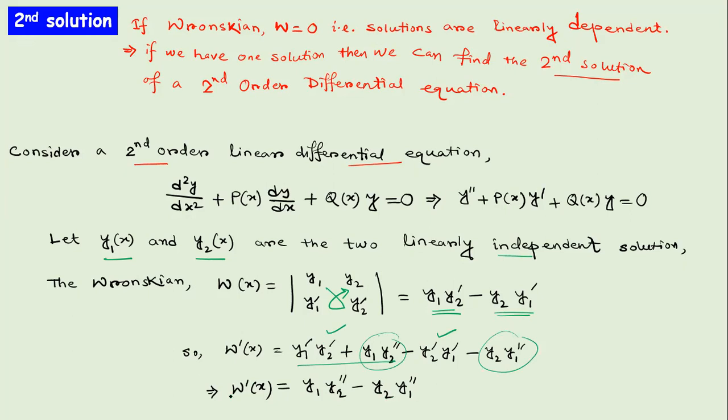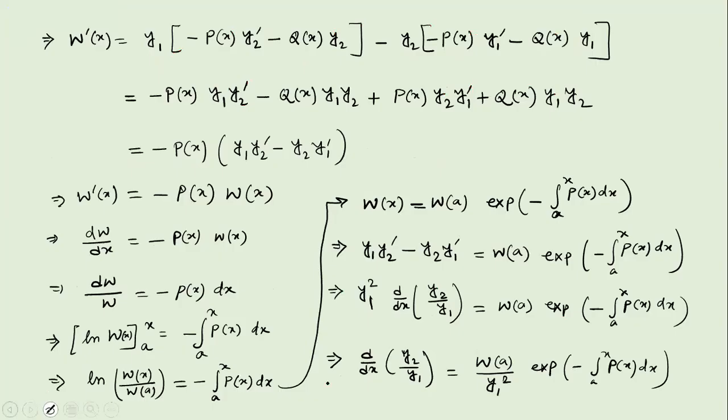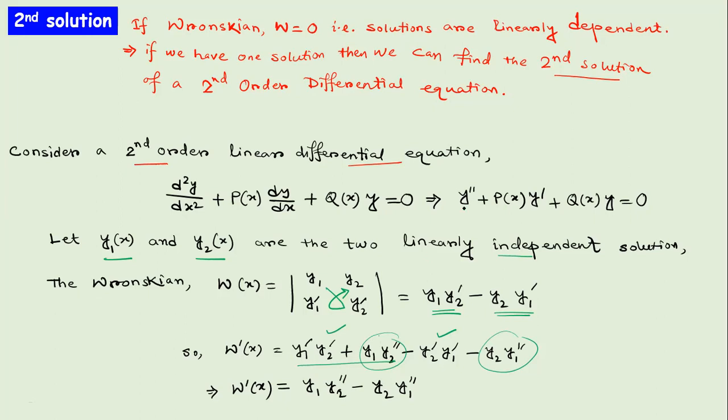This is the derivative of the Wronskian, and this can be written using y2 double prime. You can write here y double prime is nothing but minus p of x y prime minus q of x y, right?